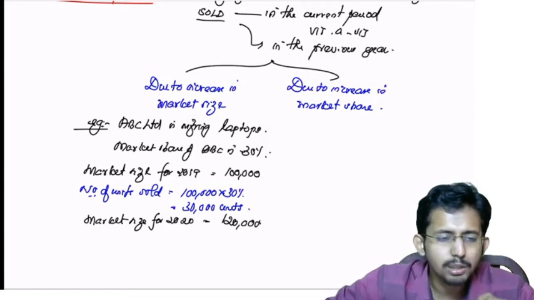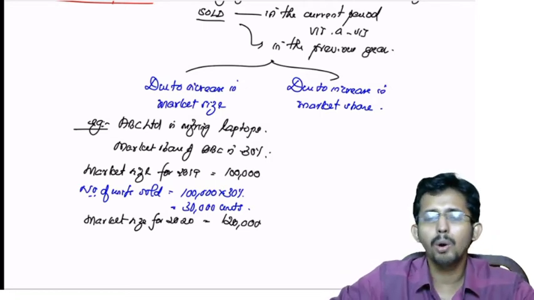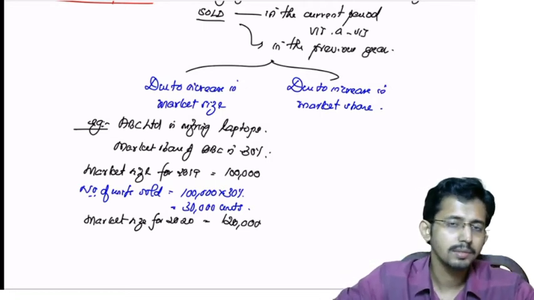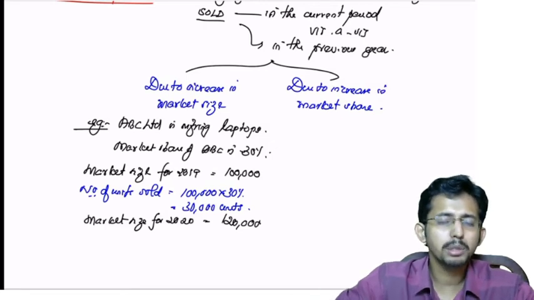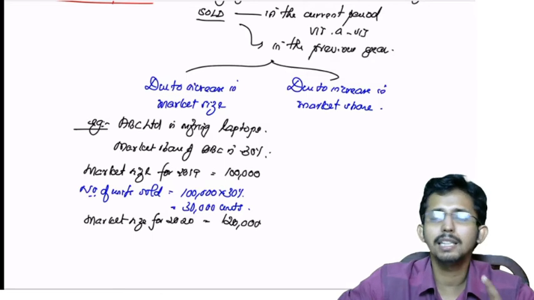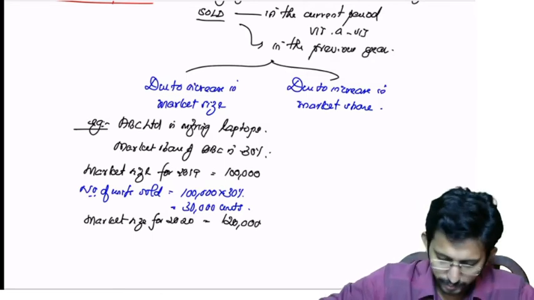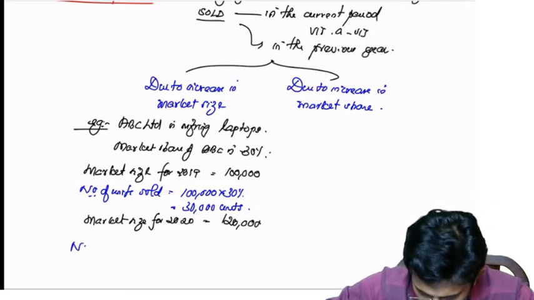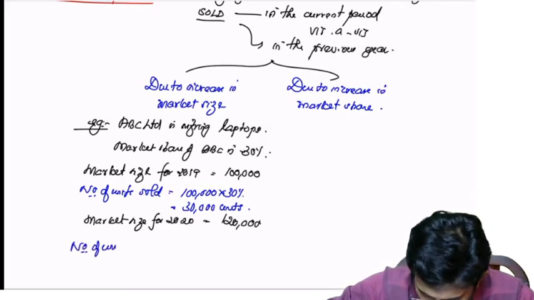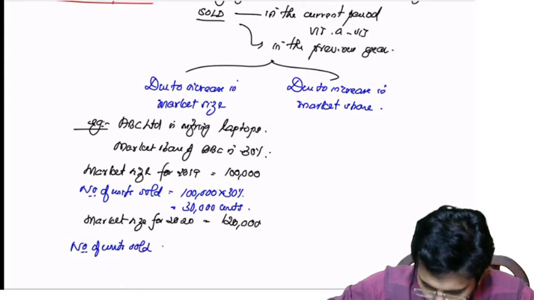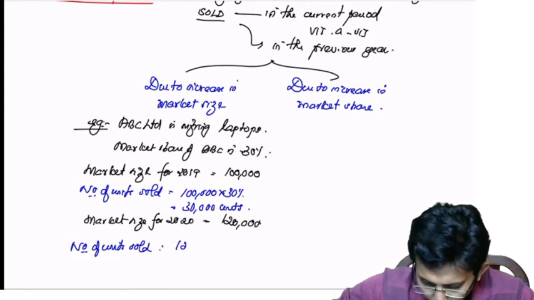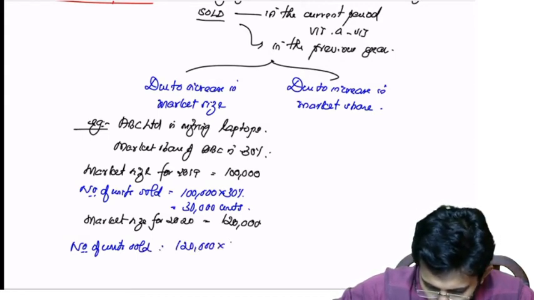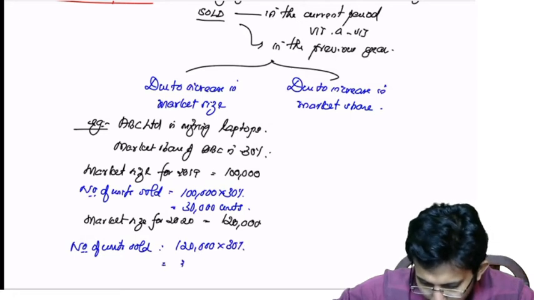Okay, so naturally what will happen when the overall demand in the market increases? Naturally, a portion of that demand will be reflected, increase in the demand will be reflected in the number of units sold by every market player. Okay, so in case of ABC Limited, number of units sold should increase from 30,000 to 1,20,000 into 30%, that is equal to 36,000.